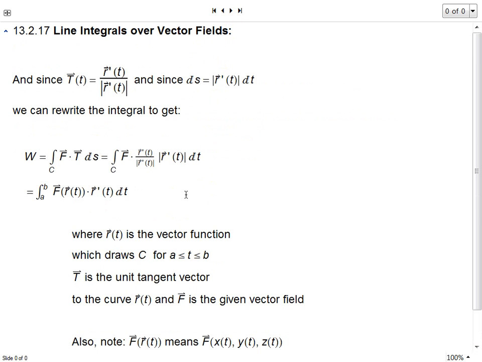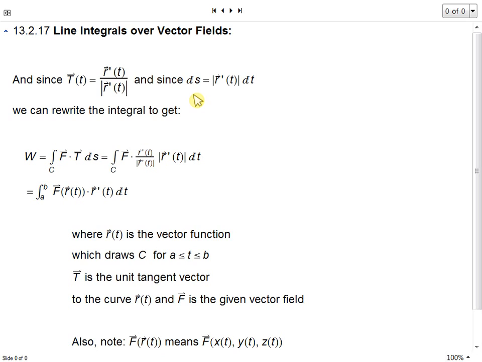Now, because of the way we defined capital T back in whatever chapter that was, capital T was the derivative of r divided by its own length, right? And ds, remember I just showed you this a second ago, was the square root of the sum of each of the derivative components squared, right? We said that that was the magnitude of r prime of t.